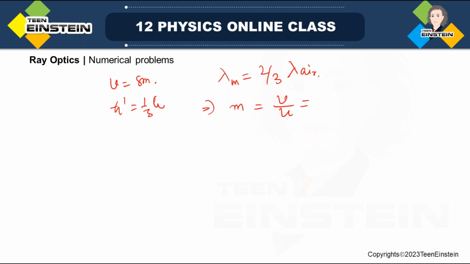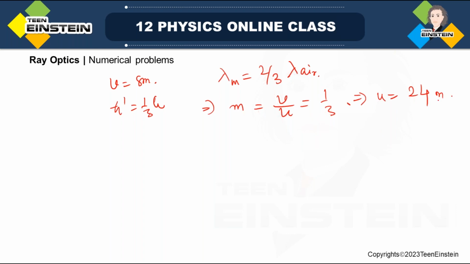This is given as 1/3. So from here, you will be able to get this u as 24 meters.